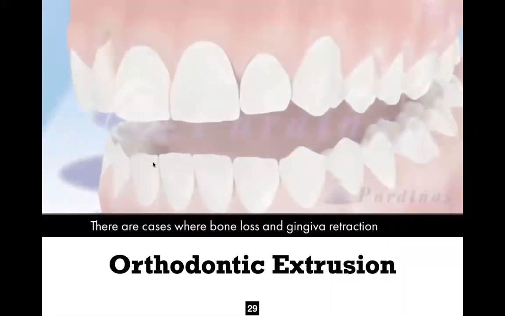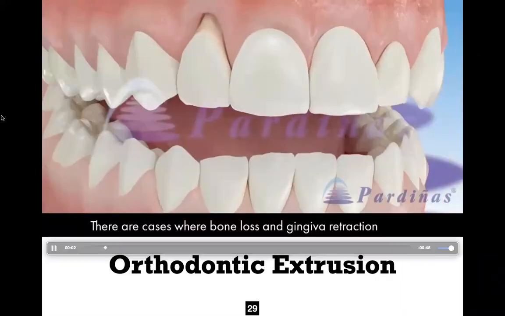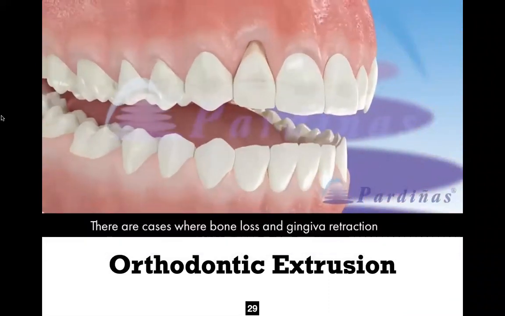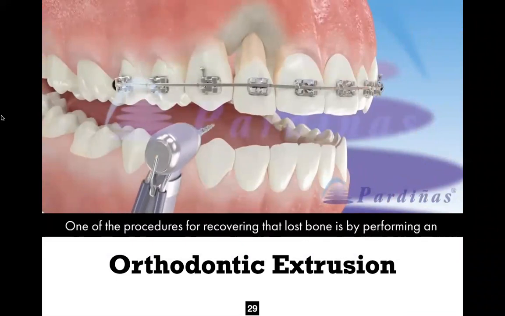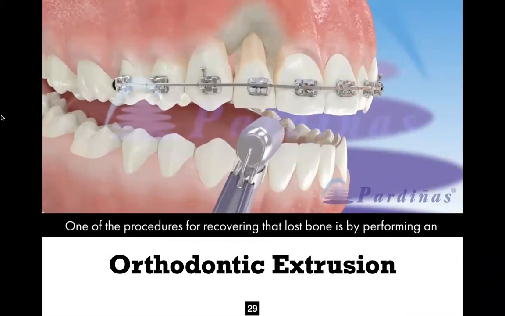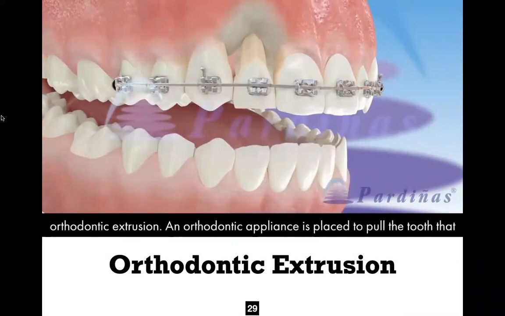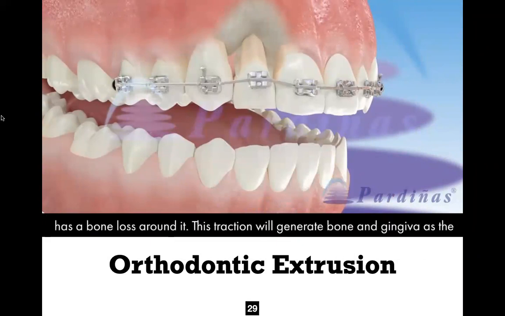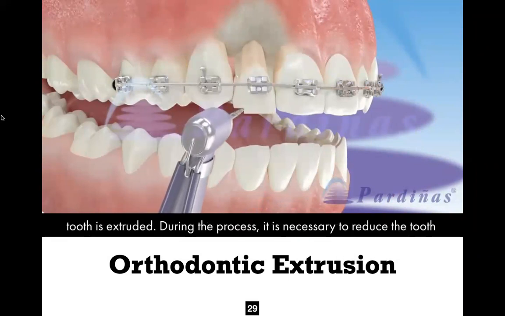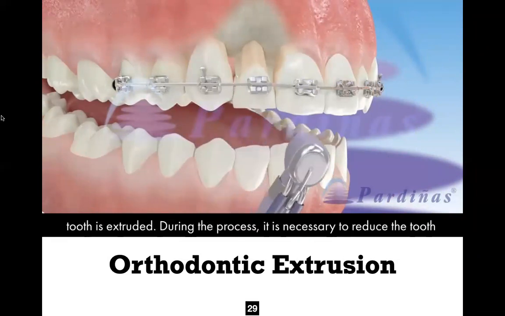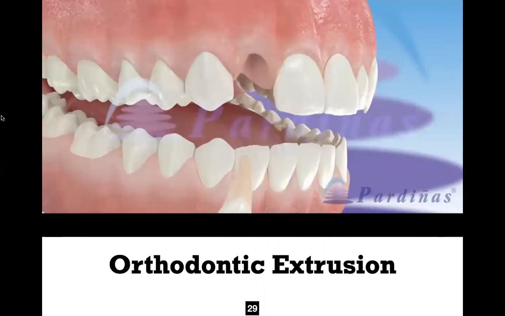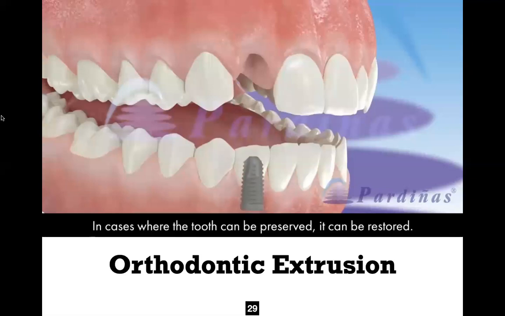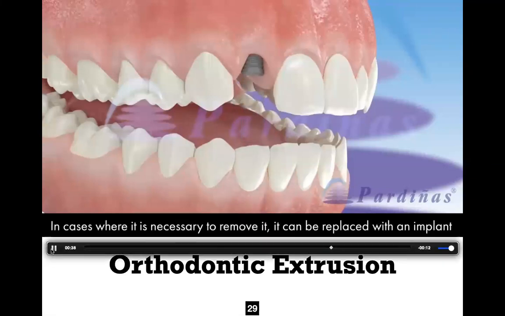Everybody knows about ortho treatment. Now what is this treatment?